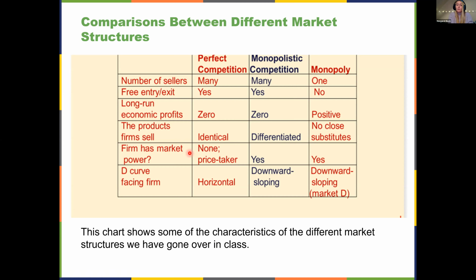Now we move into two different characteristics that look more like a monopoly as opposed to perfect competition. With monopolistic competition, unlike perfect competition, there is some market power that these firms have. And this is very similar to a monopoly. We learned in the last series of videos that because a monopoly has this market power, they're able to set a price that is higher than what the price would be in perfect competition.